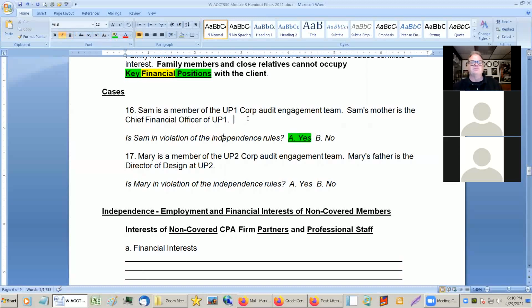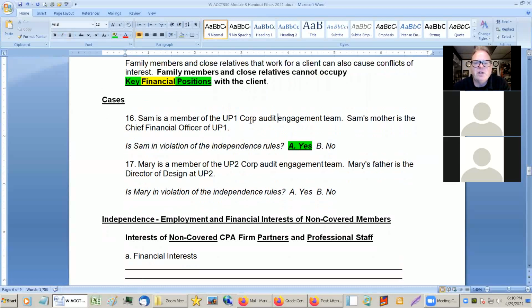I don't know specifically if there are court cases on the key position one, but I do know that for owning stock, there have been lawsuits. People say, I have nothing to do with the stock my mom owns, and I should be able to do the audit. But yes, the mother is chief financial officer. That's a financial position. It's a key position.